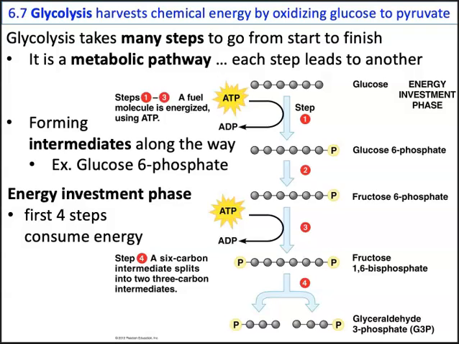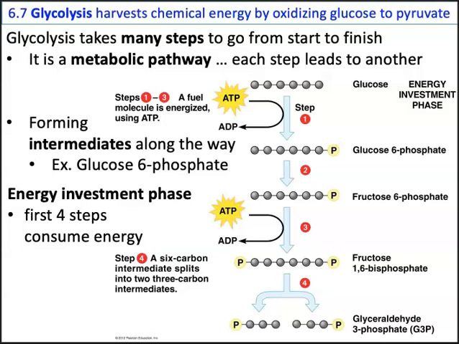Now, while I'm not going to make you memorize every step, you do need to memorize the 2 phases of glycolysis. The first is the energy investment phase. This is the first 4 steps here. And this phase actually consumes or uses up energy. You can see from the diagram that we're taking 2 molecules of ATP and breaking it down to ADP, and we're actually adding the phosphate group from ATP onto our organic molecules here, our intermediates.